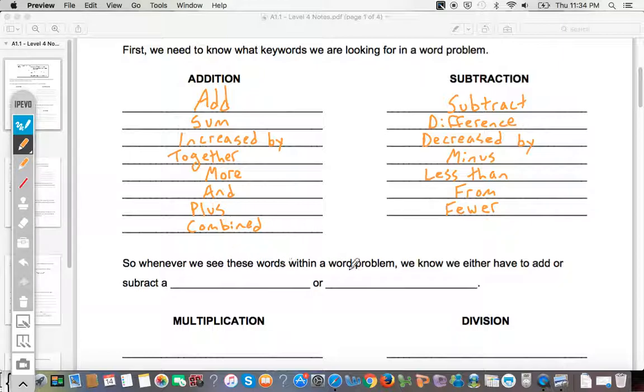Okay, so whenever we see these words within a word problem, we know we either have to add or subtract a number or variable. At this point, if you need more time to write all this down, please pause the video.